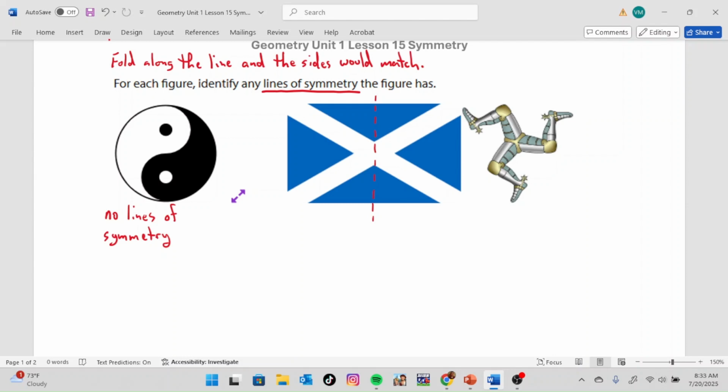And these bigger blue triangles at the top and bottom, I would fold them in half and they would also match up.